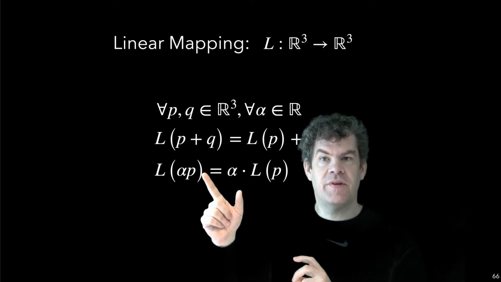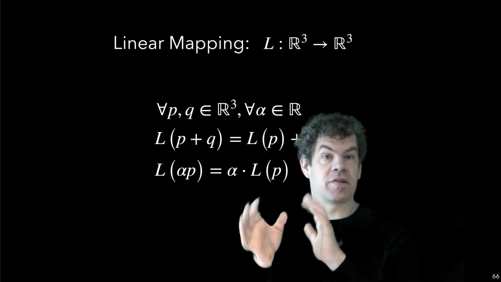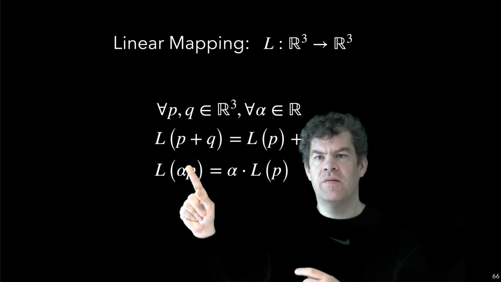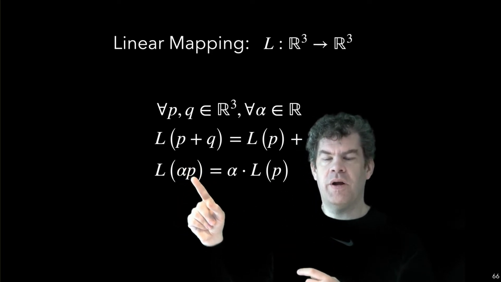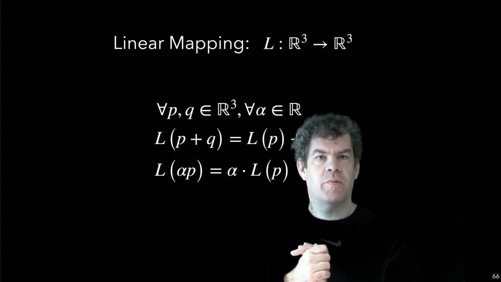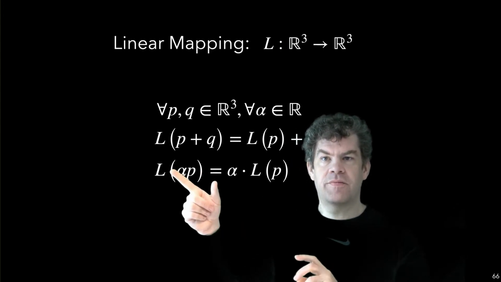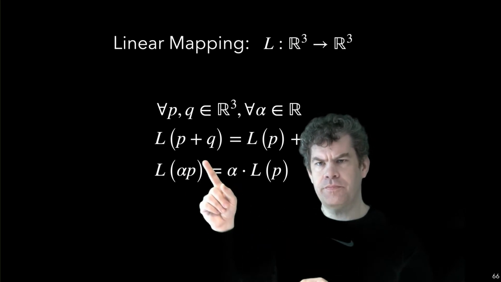So this here is something potentially complicated, but alpha is always a number. What happens if I multiply a vector by a number? For points, I would just define this as a component-wise multiplication, so I would take x, y, and z and multiply them all with alpha. But this multiplication again needs to be defined somehow.